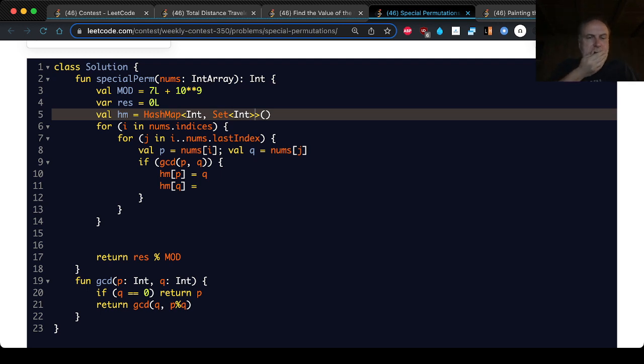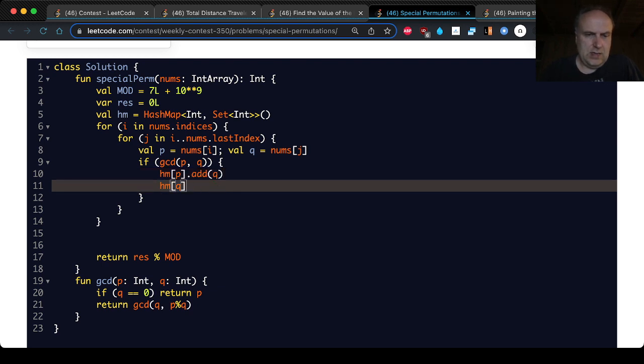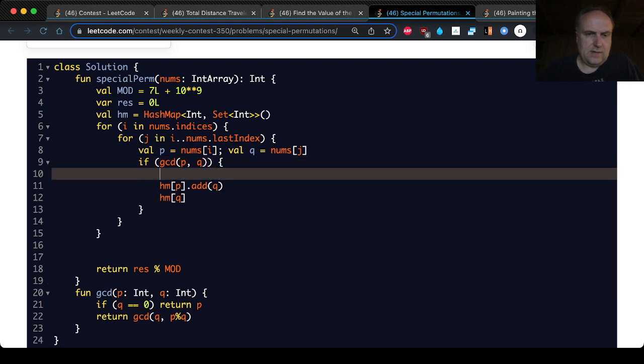Right. And it's going to add q, and so it's going to be hm getOrDefault p.